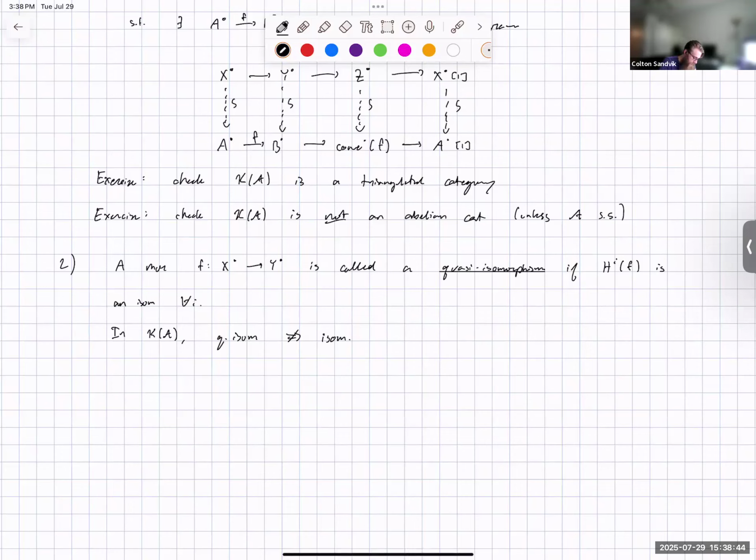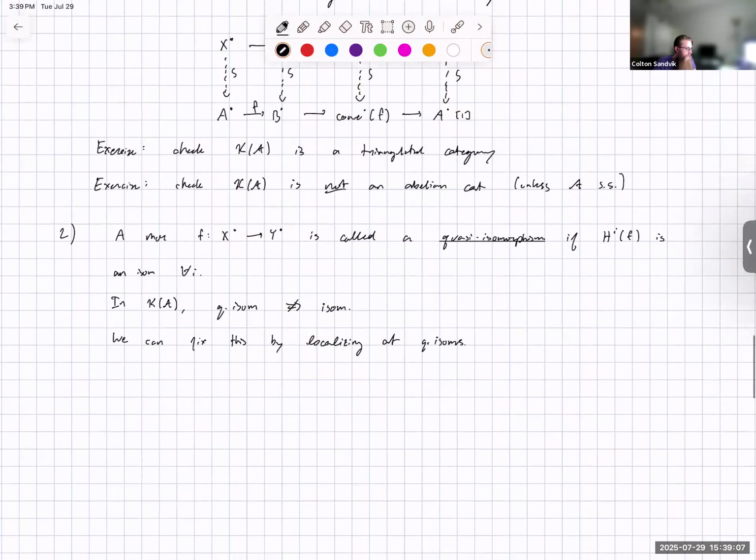So we can fix this by localizing at quasi-isomorphisms. And if you've seen localization of rings and modules, this is effectively the exact same concept, just with a little bit extra categorical flavor.